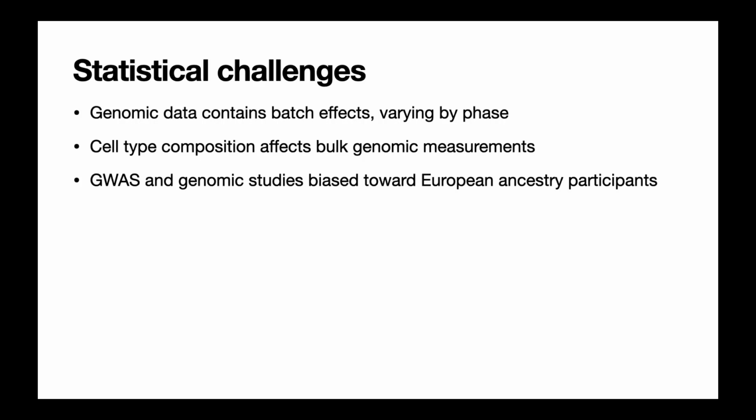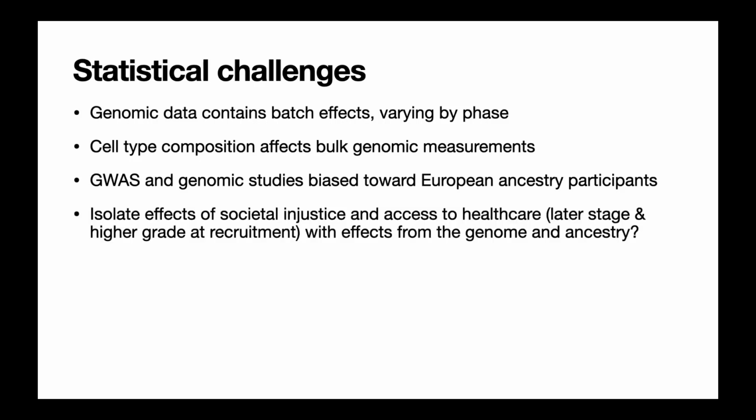There's an effort to correct this, but if you download a data set of genotype association with incidence of breast cancer, you have to take into account that that's going to be skewed towards women with European ancestry. It's very difficult to isolate the effects of societal injustice and access to healthcare, for example, the later stage and higher grade recruitment, from effects of ancestry. So there's probably a combination of both, and it's hard to disentangle those two.